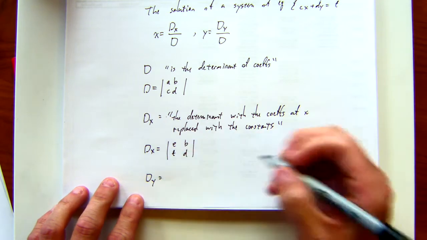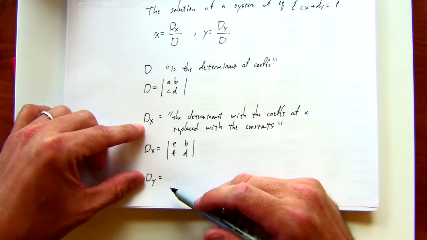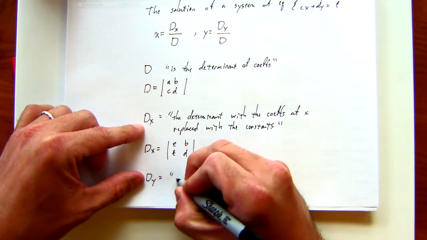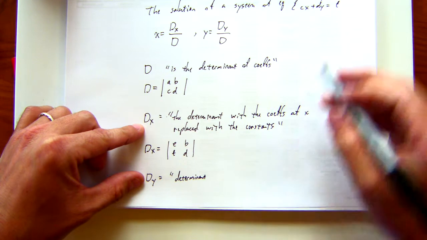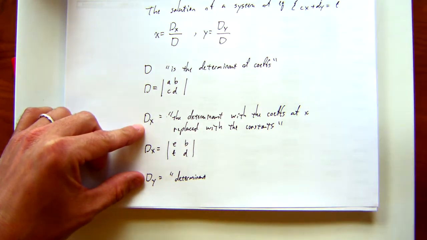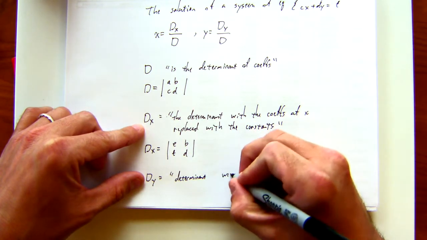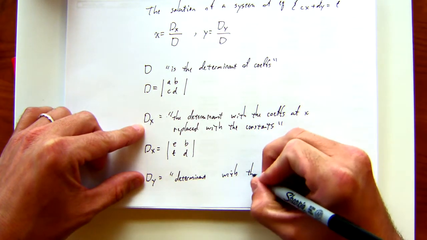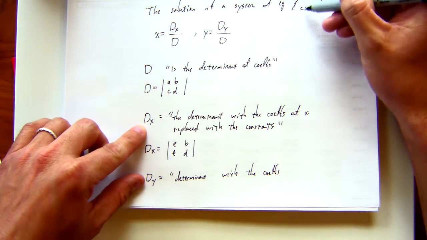Can you think about, just from your knowledge of Dx, what do you think big Dy is going to be? A, C, E, F, if you're going down. Yes, it will be. So for x, we replace the x column.